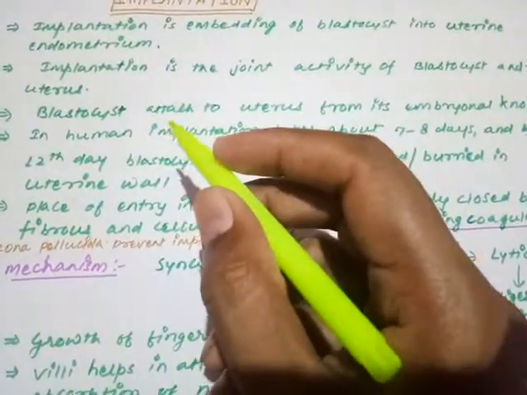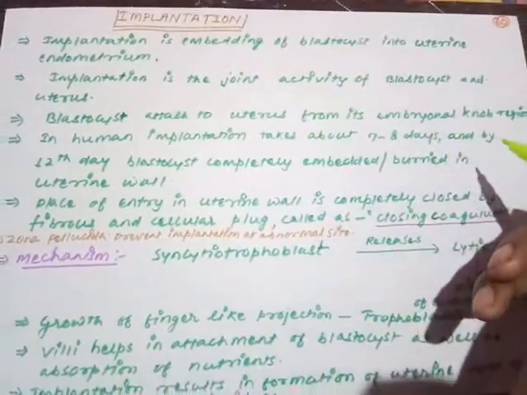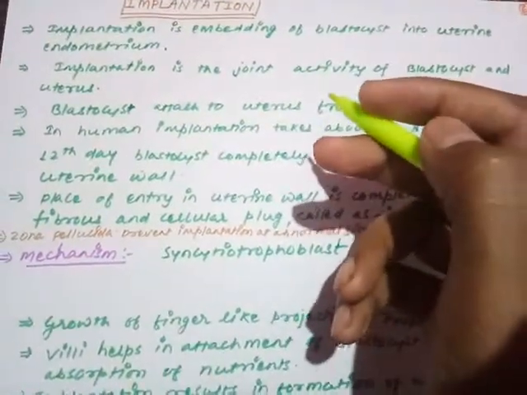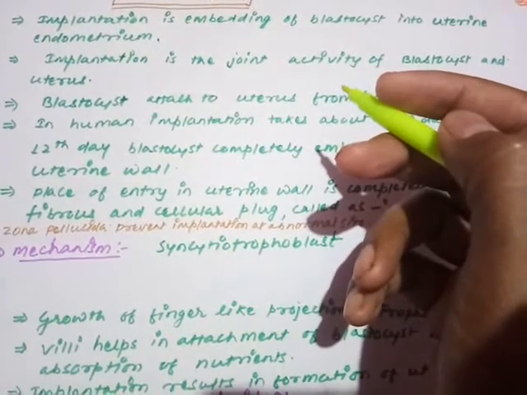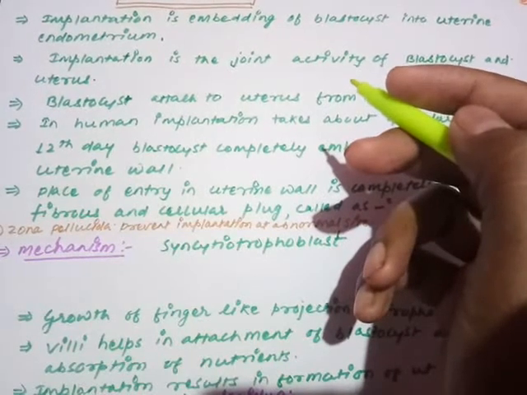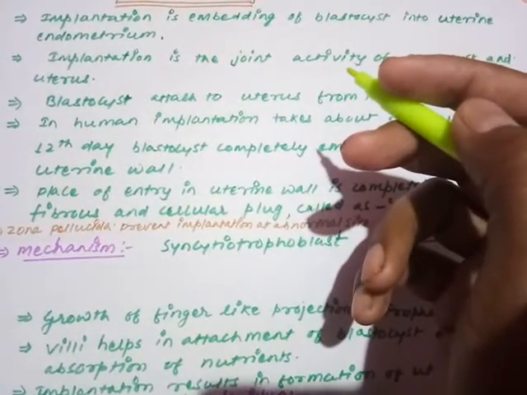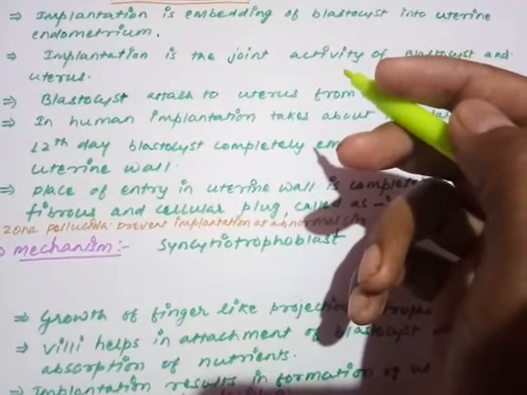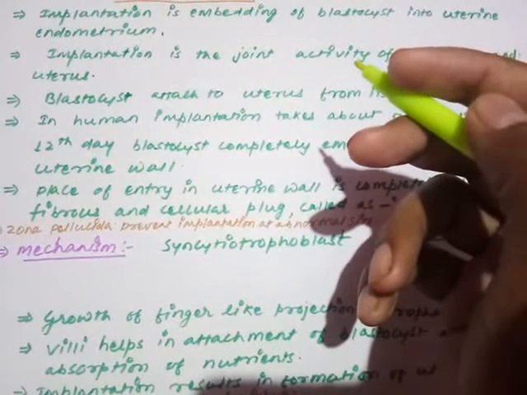The blastocyst attaches to the uterus by its embryonal knob region. If you remember, in the blastocyst structure, the complete external layer is called the trophoblast, and the inner cell mass tissues, which are responsible for developing the embryo, are attached to the trophoblast in one direction only.